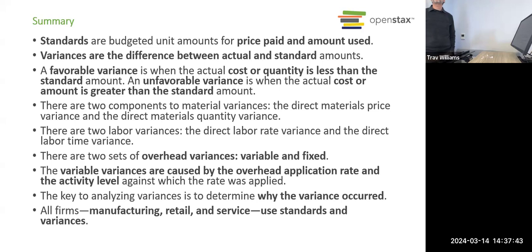We will see an example of some variance related to fixed overhead, but it's more the variable overhead that is variable. All right, and then when it comes to variable overhead, we have a rate for overhead and then some activity that we're using to apply the overhead. So sometimes it's labor hours, but it could be other activities as well.